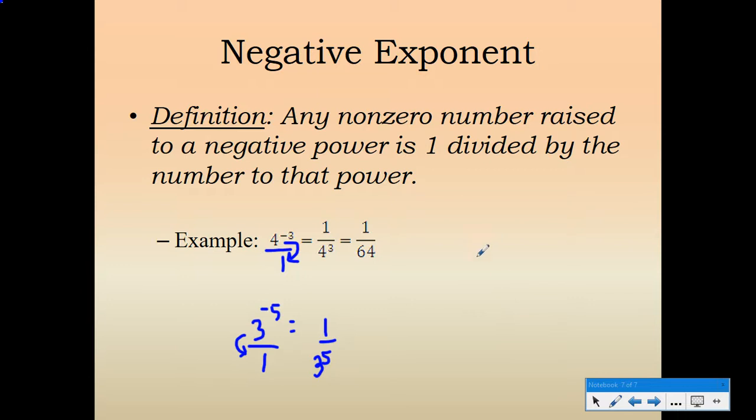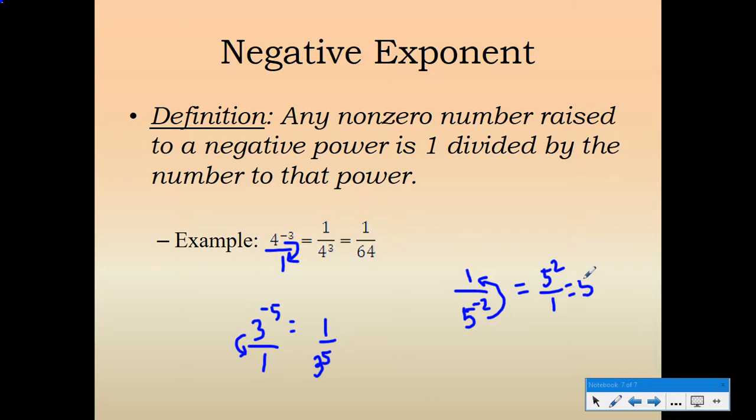Now, what if you have a term in the denominator with a negative exponent? Let's say it's 5 to the negative 2. What you're going to do is take the term and move it to the numerator. So you have 5 squared now over 1.